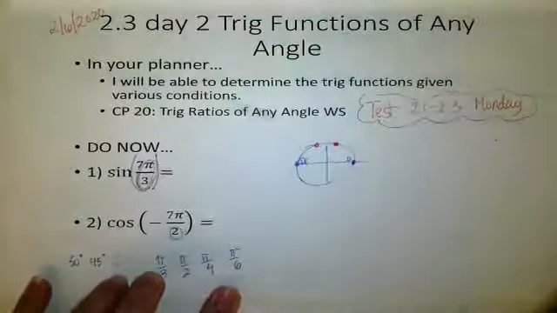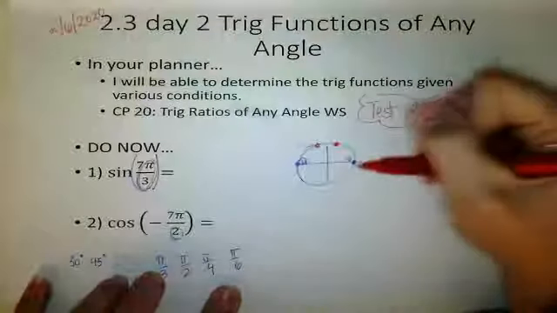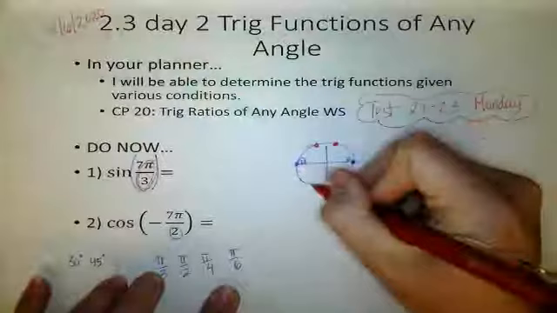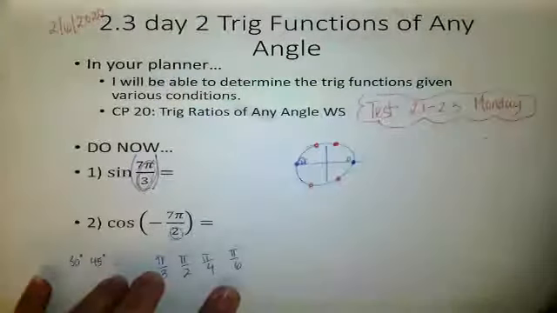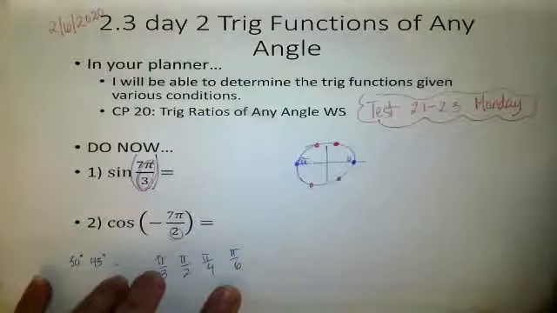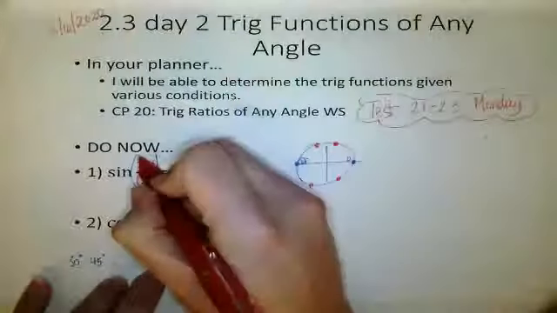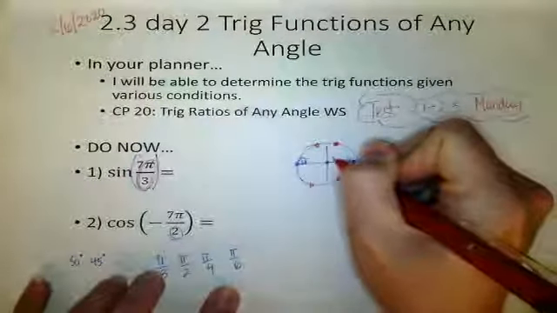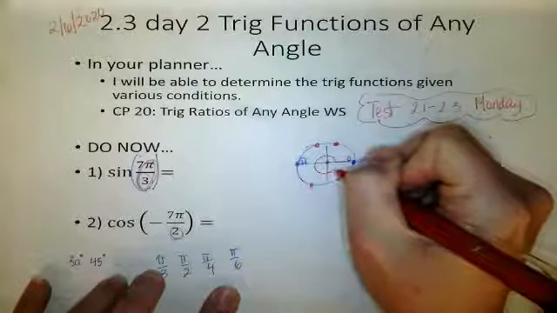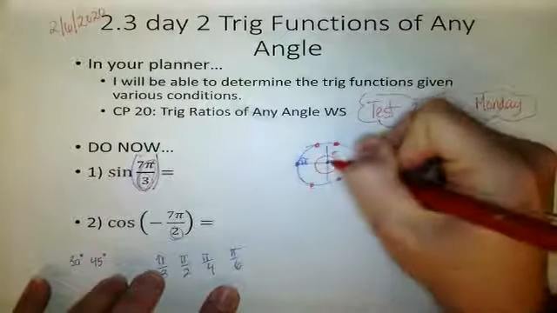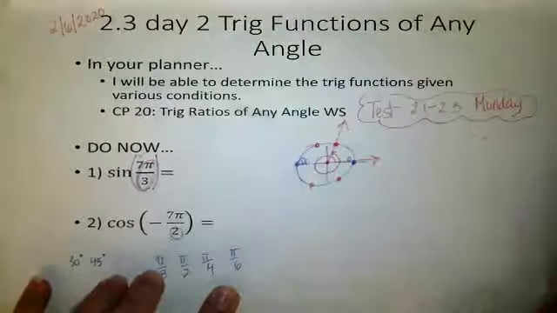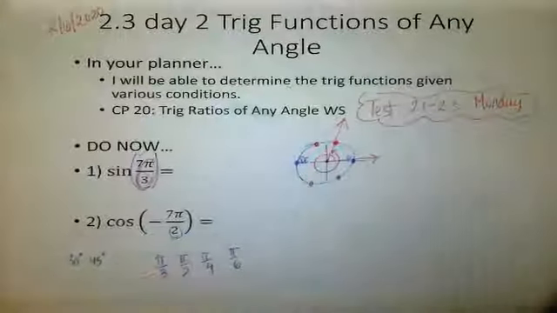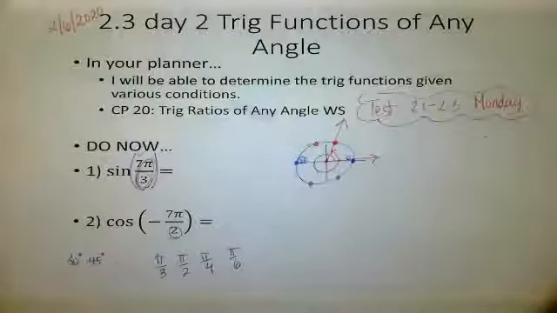So pi divided into 3 sections. So 1, 2, 3 on top and on bottom. And how many parts do I need? 7 parts. So there's my initial side, and I'm going to open up 1, 2, 3, 4, 5, 6, 7. Places me right here in quadrant 1, and that is the angle 7 pi over 3.